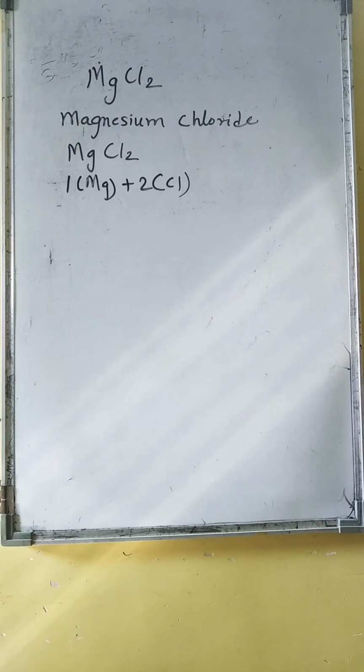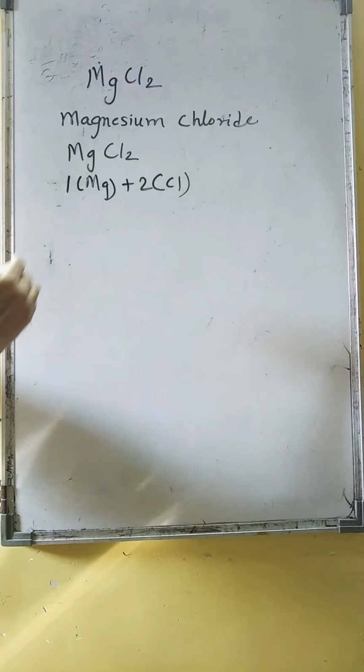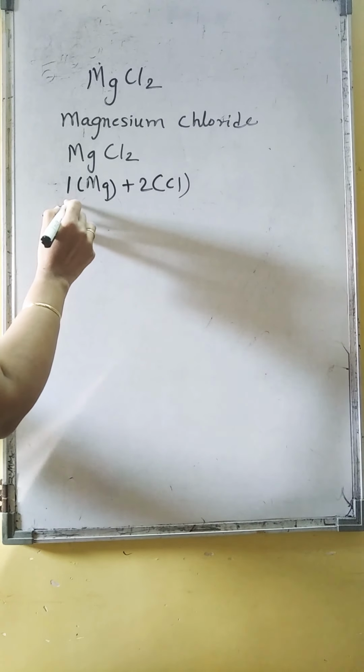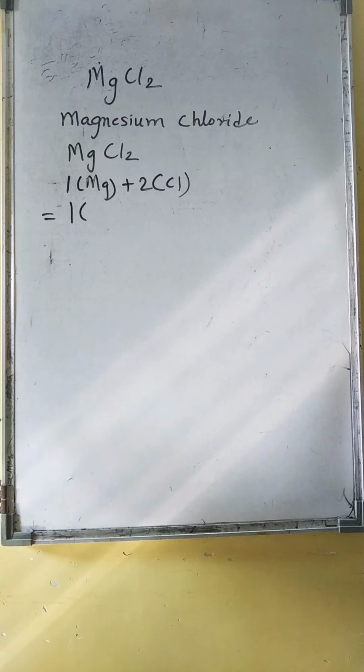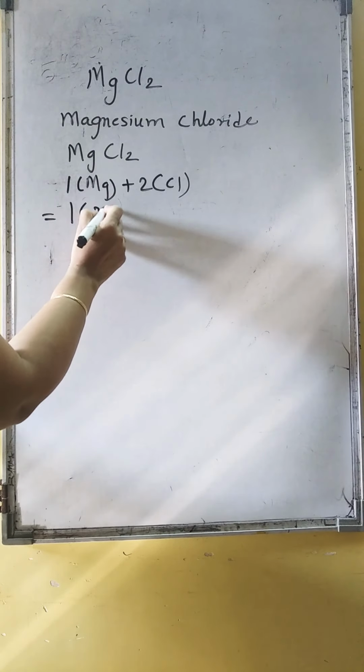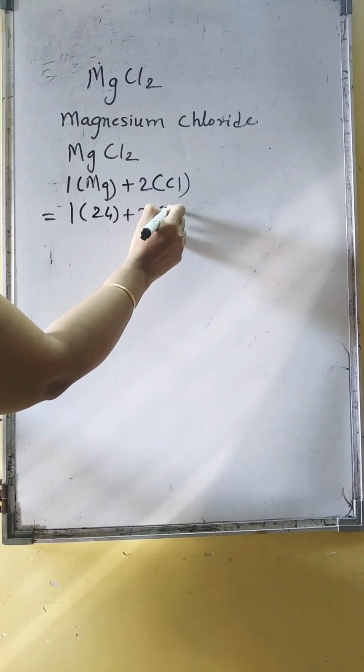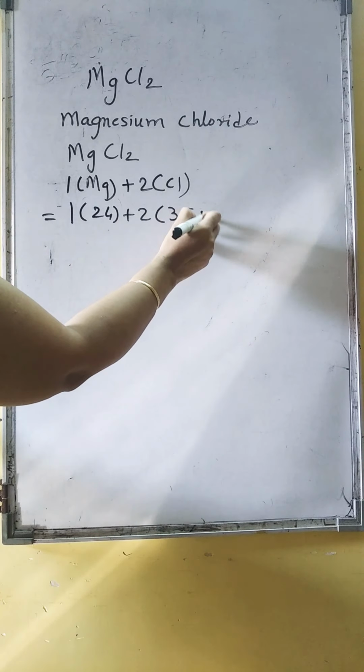Isn't it? So find out the atomic mass of Mg. 24 plus 2 times chlorine is 35.5.